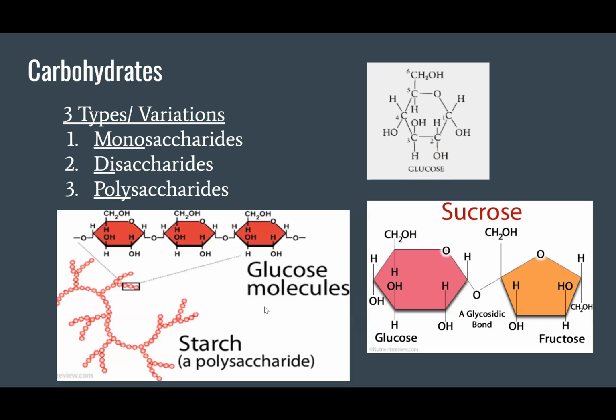Okay. There are 3 types or variations that you can have of these carbohydrates. You can have monosaccharides, which are these guys over here. Monosaccharides are a single unit of a sugar. So glucose, fructose, these are going to be monosaccharides.